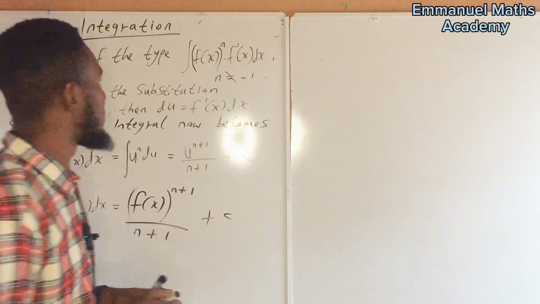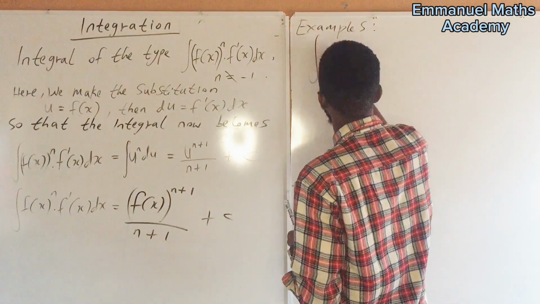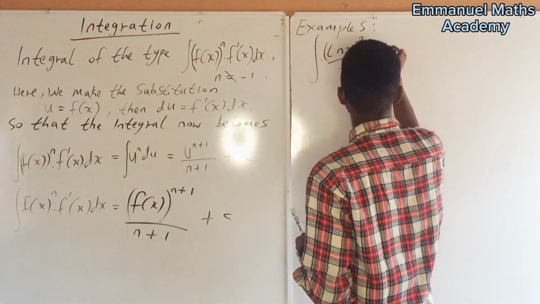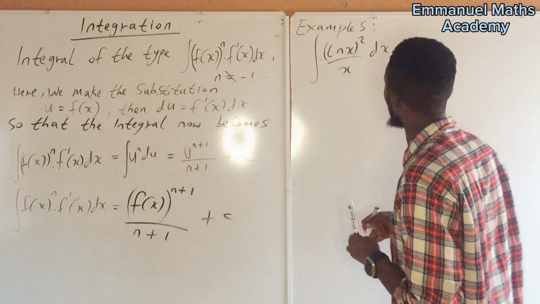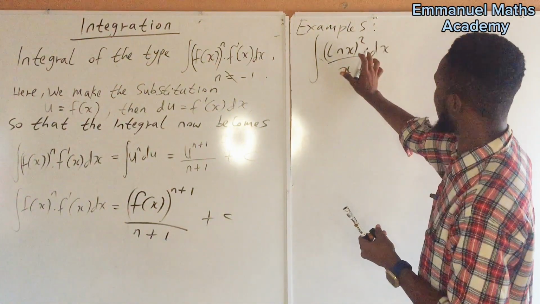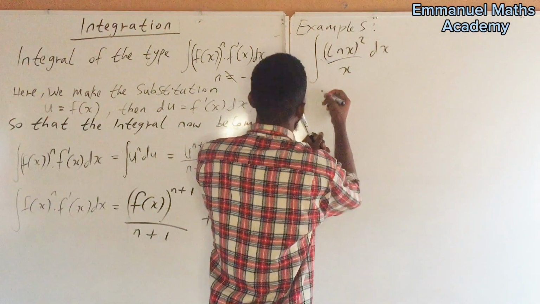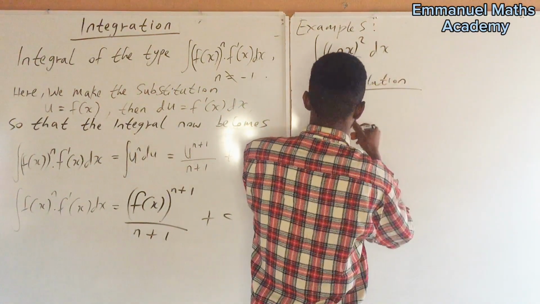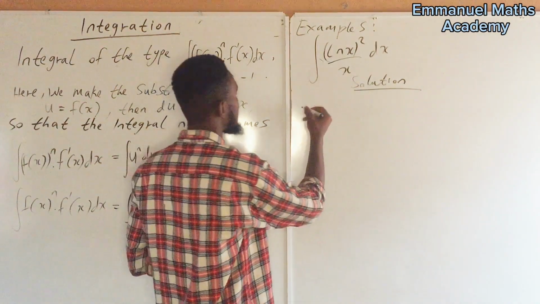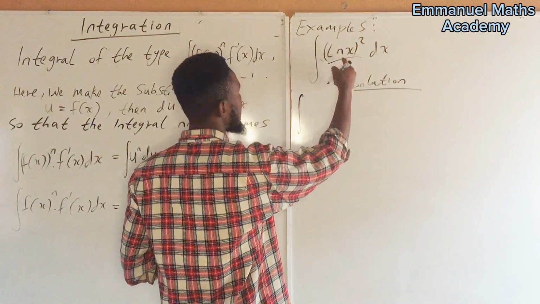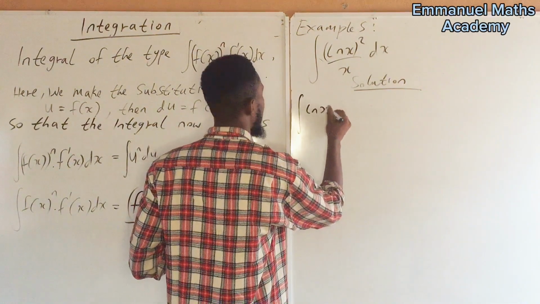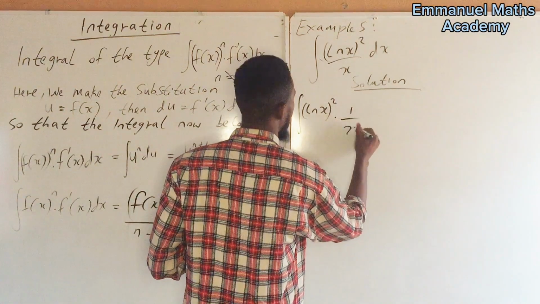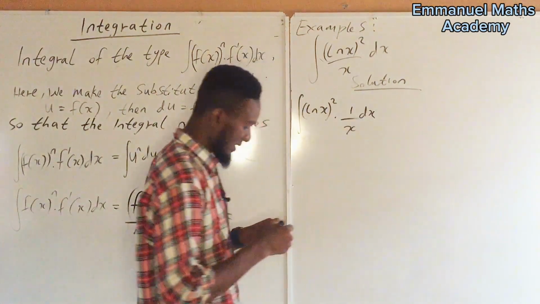Now let's solve some examples. Let's find the integral of (ln x)^2 over x dx. Solution: we can separate this as (ln x)^2 · 1/x dx.